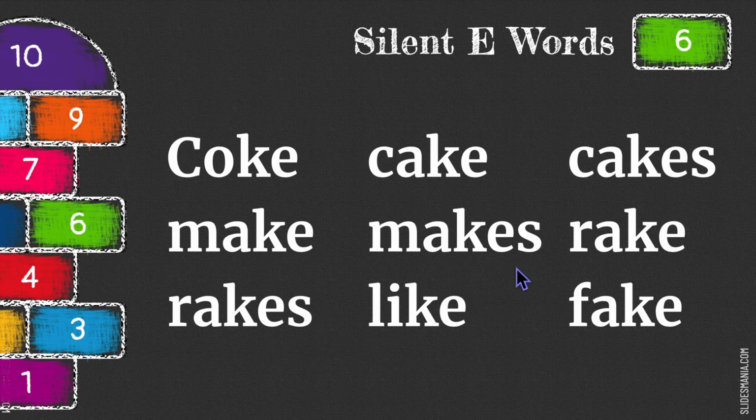Aches, makes. This S here does not stop the silent E from doing its job to make the A say its name. This S doesn't make the word plural because make is a verb. So make and makes are two different forms of the verb. So I just want you to notice that a silent E, while it is usually at the end of a word, there can be a suffix or a special ending after it.